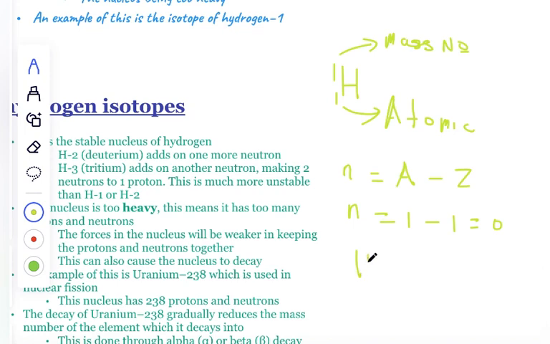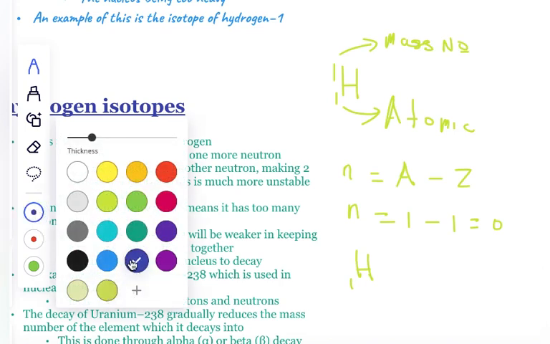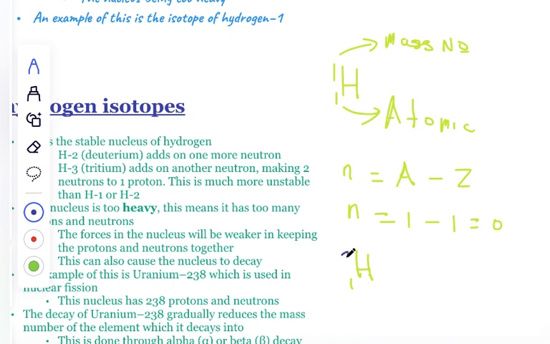Now let's take a look at the second isotope of hydrogen, which we call deuterium. Deuterium has 1 here and 2 here. To find the number of neutrons, we say the mass number, or nucleon number, represented by letter A, minus the atomic number.